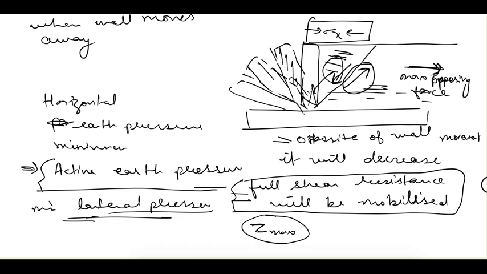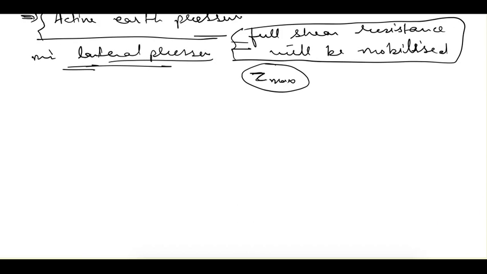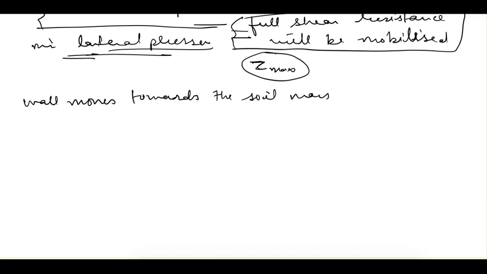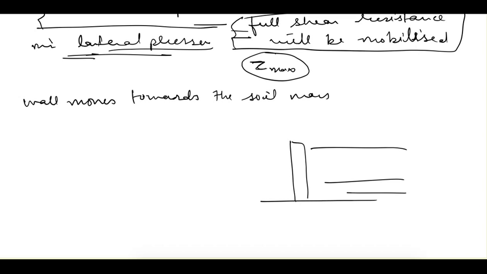Now the next case is when the wall moves towards the soil mass. So what will happen in this case? Now this is the wall and the soil mass is here.